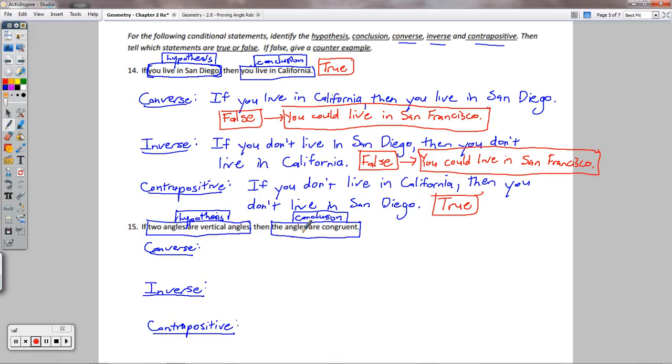Converse, we switch the statements once again. So if two angles, because that's what we're referring to at the start here. So if two angles are congruent.